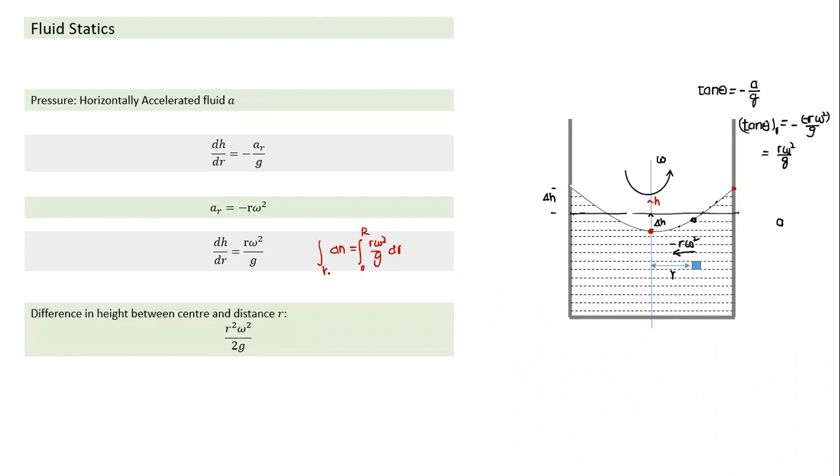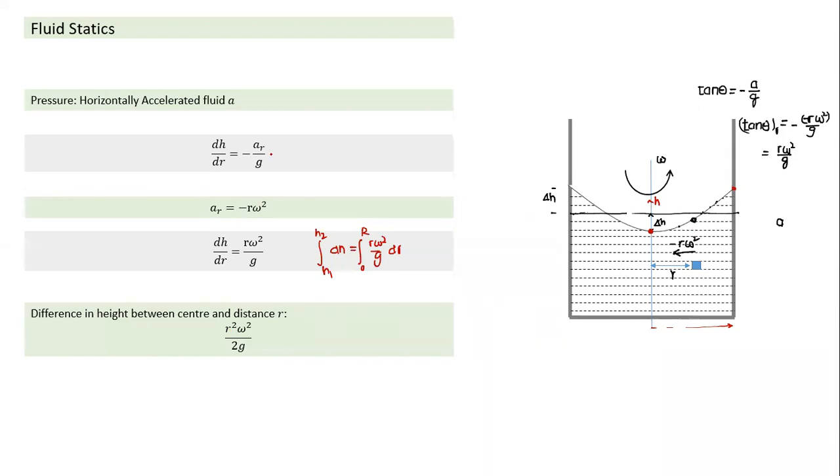That will give you h1 to h2, and the difference h2 minus h1 is the height delta h. So delta h comes out equal to r square omega square by 2g at a distance r from the center. Any point at distance r from the center, compared to the center point, will be higher by r square omega square by 2g. And if I want to calculate the height at a distance capital R, which is the radius of the container, we substitute r as capital R. So you can start from here.